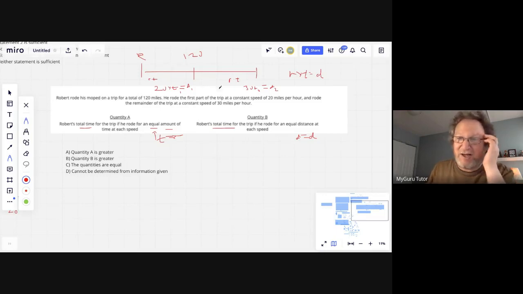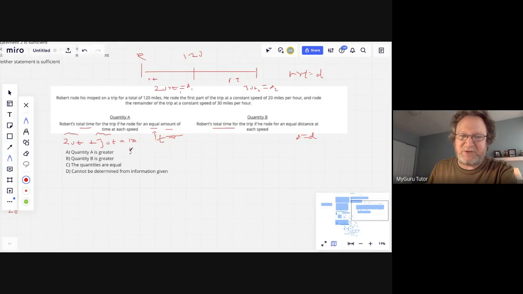So essentially you're going to have rate times time, which is going to be 20t plus 30t. Remember, the times are the same in this case. That will equal 120. The first leg plus the second leg equals the entire distance.